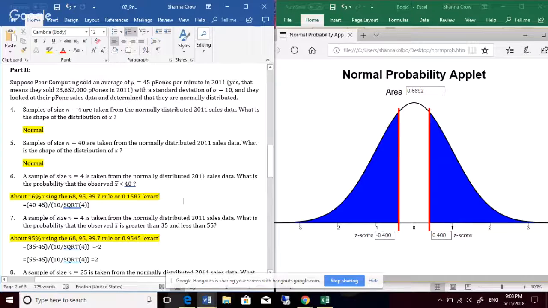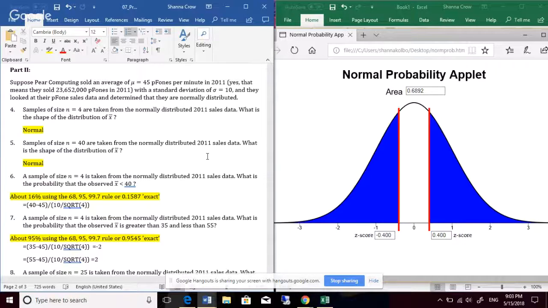Okay, suppose pair computing sold an average of 45 phones per minute, with the standard deviation of 10. They looked at their phone sales data and determined that they are normally distributed.